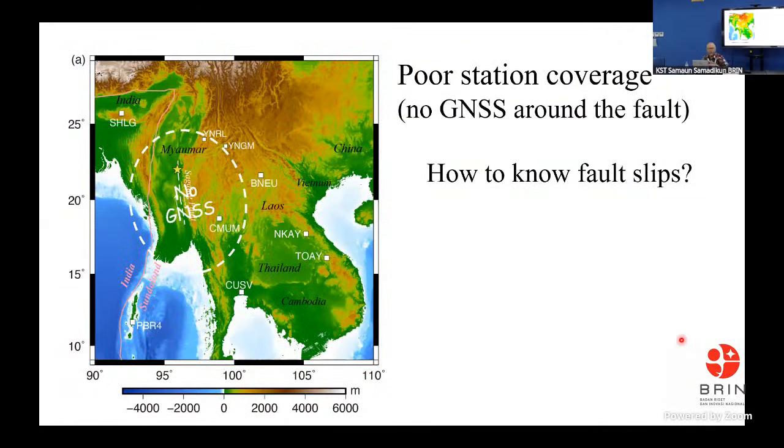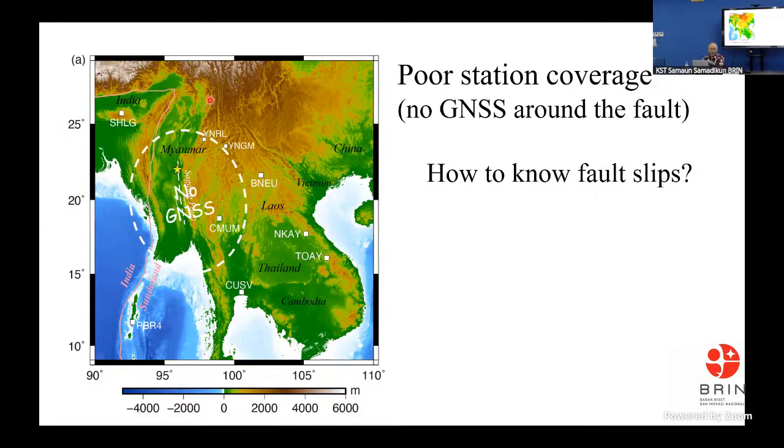Okay, now the third topic of the earthquake. This is a very recent earthquake that occurred in Myanmar, in Southeast Asia. The problem in this country is that there are many GNSS stations, but they are not active when this earthquake occurred.